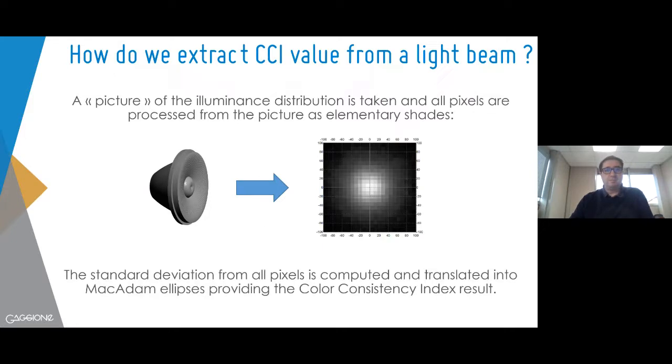Then we apply some math to that. Long story short, it's mostly standard deviation. There is, of course, some filtering in the process to get rid of data that is not relevant, which could be the level of light, or outside of the beam angle. I mean the D10 beam angle, which we don't consider for the CCI measurement.